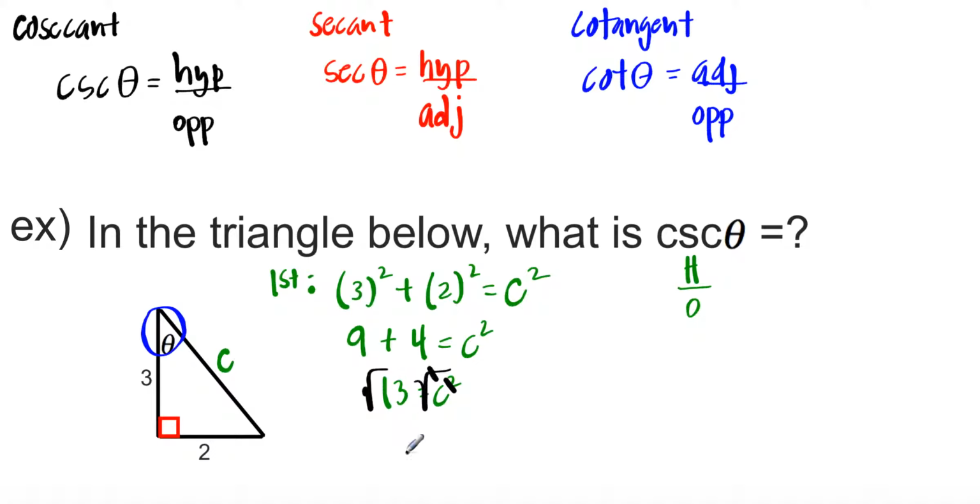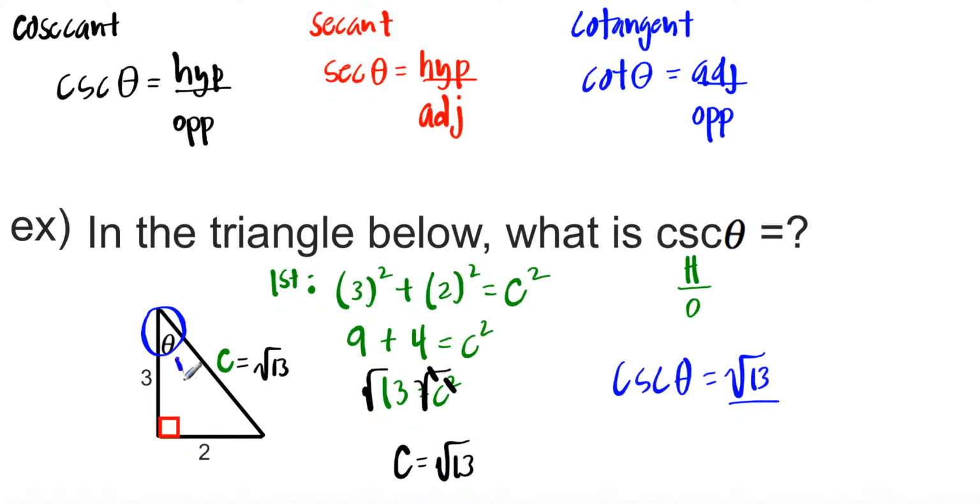Squared and square root cancel, so c is equal to the square root of 13. So now we have our hypotenuse, so we can say that the cosecant of theta is equal to hypotenuse, square root of 13, over opposite, and the opposite of that angle is 2. So square root of 13 over 2 is our answer.